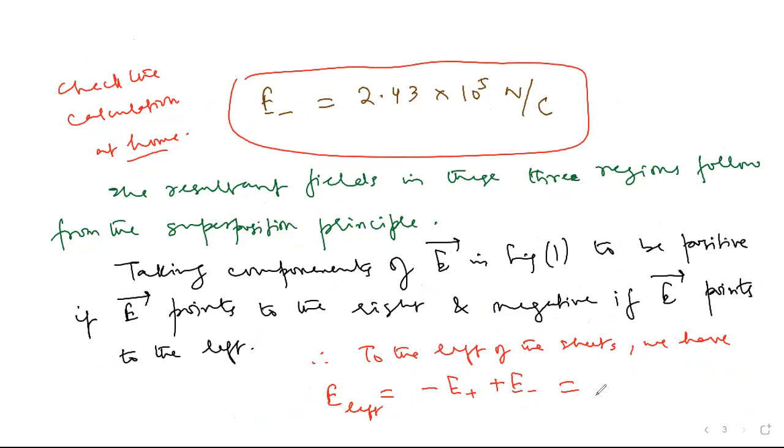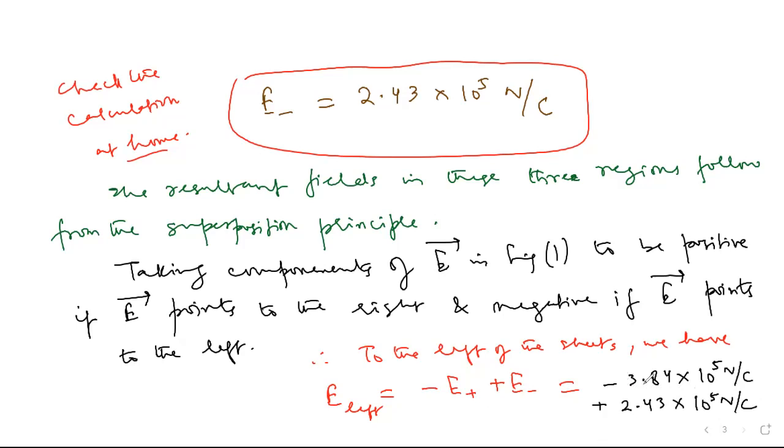Let us put the numbers. Minus E plus we have solved is 3.84 into 10 raised power 5 Newton per Coulomb plus 2.43 into 10 raised power 5 Newton per Coulomb.